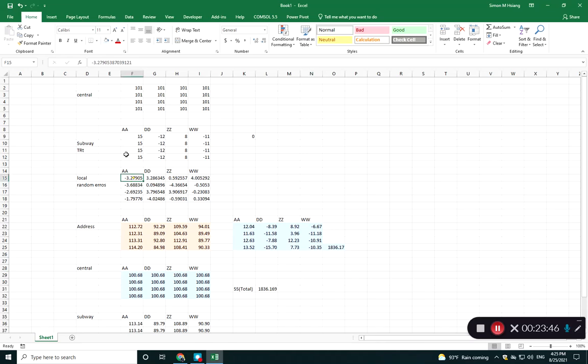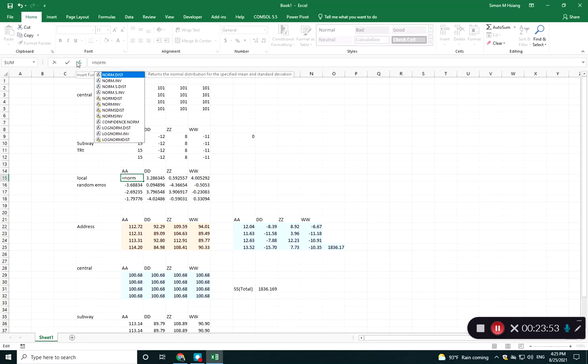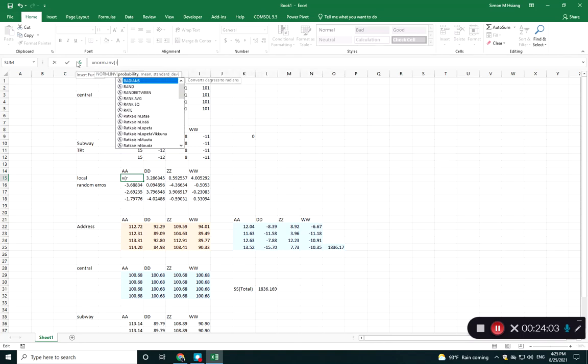So, increase the error is having the random number here, norm, and then I have a random number for probability, and then the mean still 0, but let me have a variation, let's say 15. 15 is terrible. Why? Because the subway is 15, right?